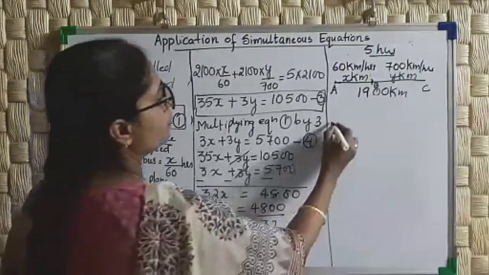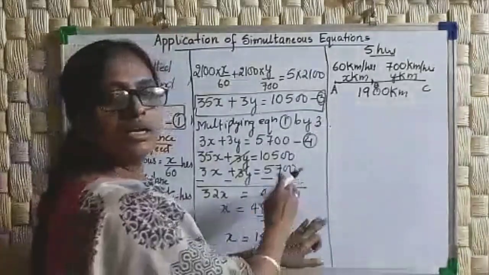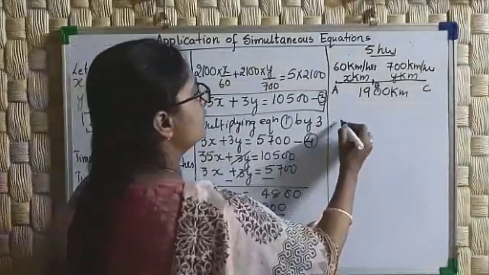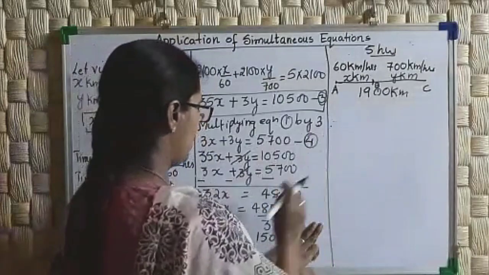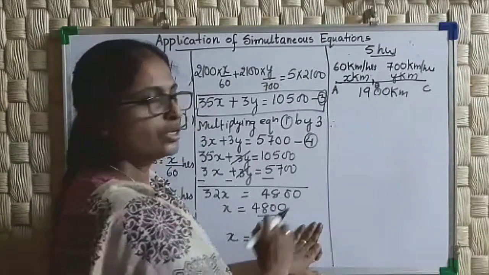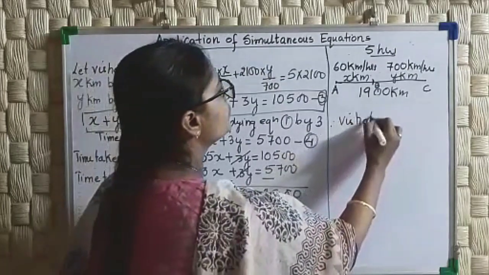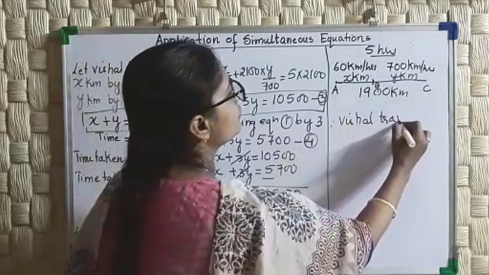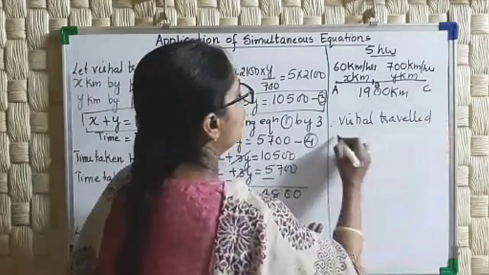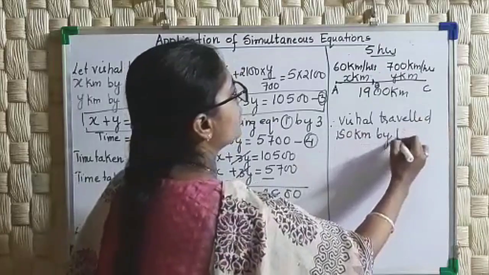Therefore, we can write Vishal travelled x kilometers, which is equal to 150 kilometers by bus. So the answer is Vishal travelled 150 kilometers by bus.